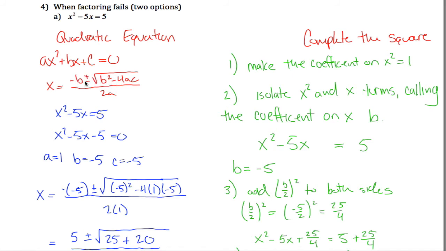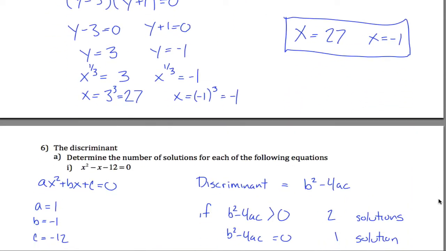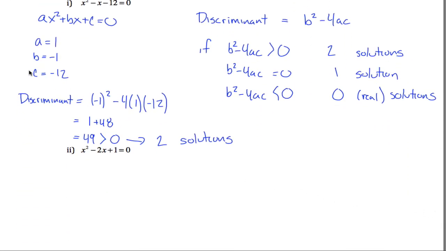So I'm taking negative b and I'm adding 0 and then subtracting 0. But adding and subtracting 0 are the same thing. It's not giving me 2 different answers, just one answer. If b squared minus 4ac is a negative number, then what I'm trying to do is take the square root of a negative number. Can't take the square root of a negative number if you're just dealing with real numbers. So you won't have any real solutions. Anyways, I don't know that you need to know why the discriminant works, but that's why it works in case you're curious.